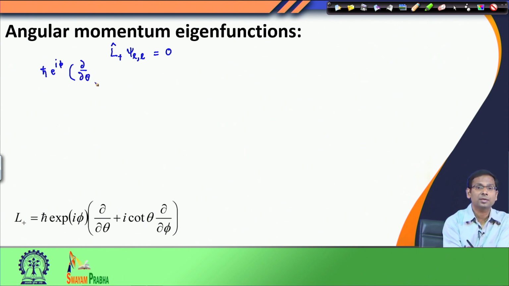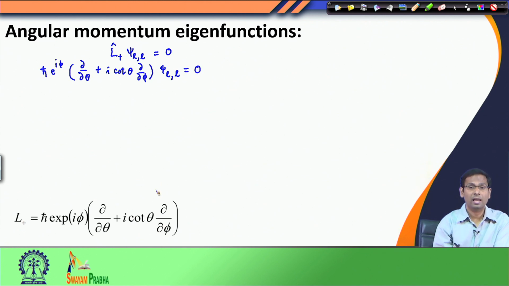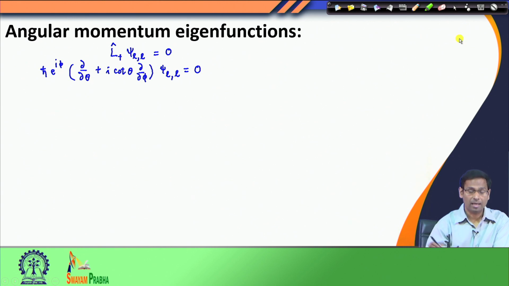These are partial derivatives because now I am dealing with two different variables, one is theta and another is phi, plus i cot theta d by d phi. This is the L plus operator and I am applying this on psi L L, the uppermost eigenfunction, and I am getting the right hand side as 0.